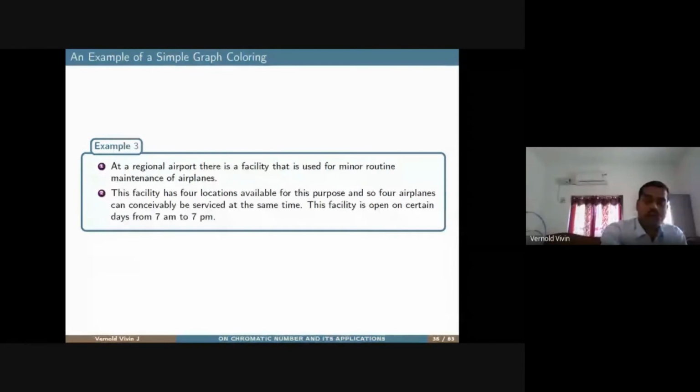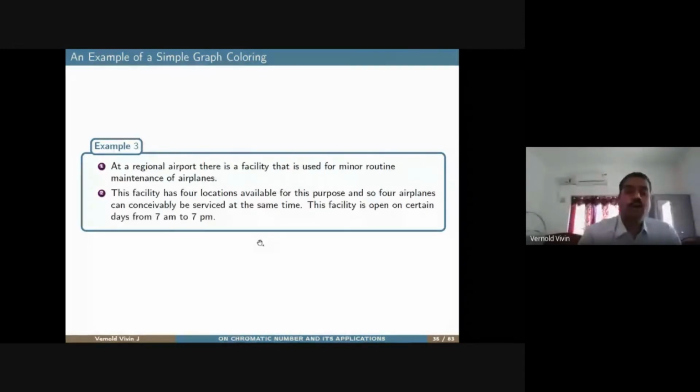There are 4 service locations here, and all these 4 service locations will service their aeroplanes, and the time schedule is from 7 a.m. to 7 p.m. For each and every flight, they have to perform some routine checks, otherwise there will be a big problem.